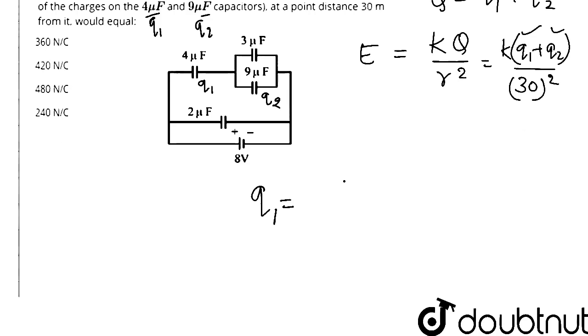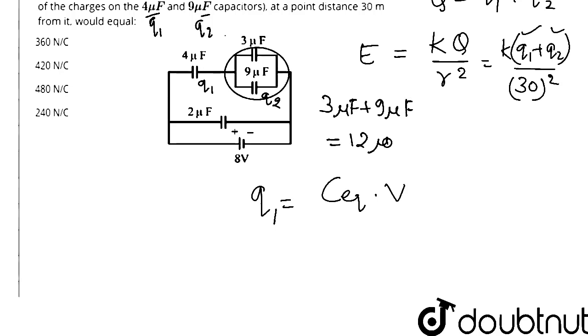Charge equals C equivalent into voltage. The 3 microfarad and 9 microfarad are in parallel, so we add them to get 12 microfarad.